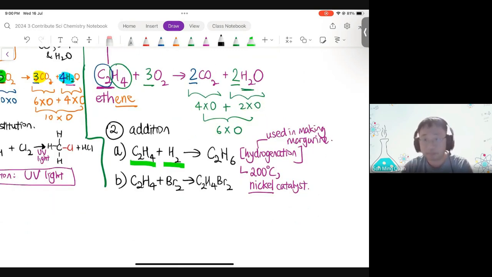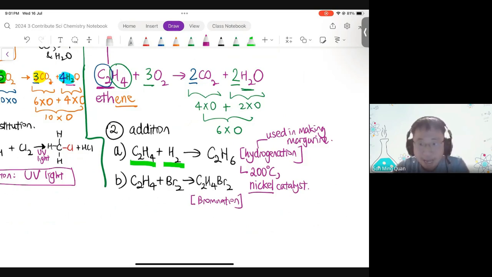C2H4Br2. Now, just now hydrogenation is adding hydrogen. Now we add bromine. There must be a name too. Now this is called bromination. I brominate the alkene, meaning I'm adding bromine across the carbon-carbon double bond in the alkene.